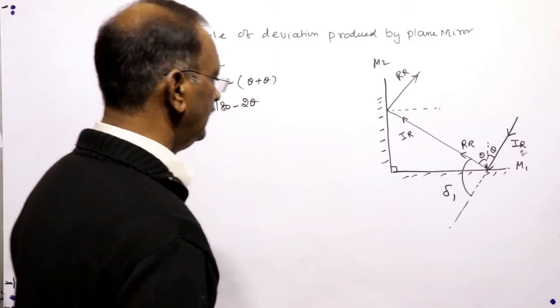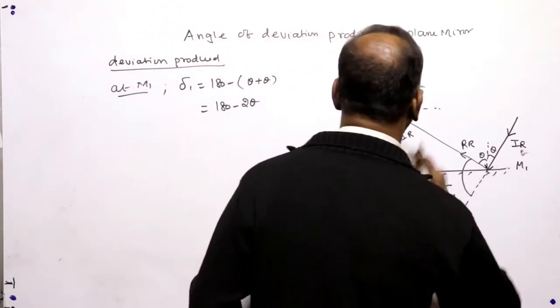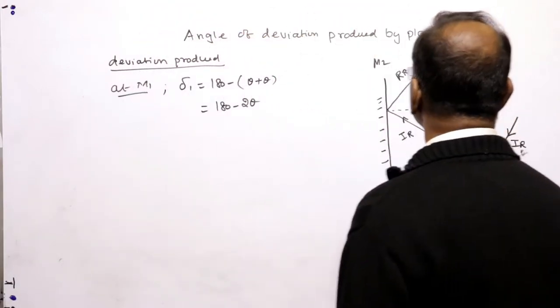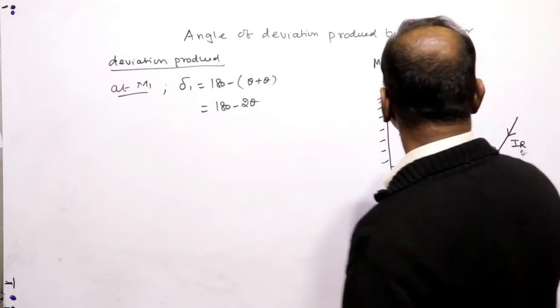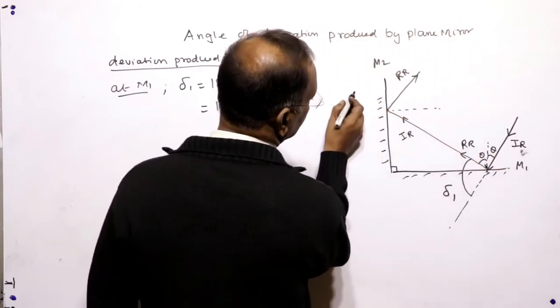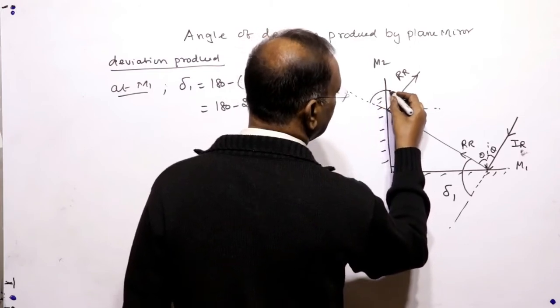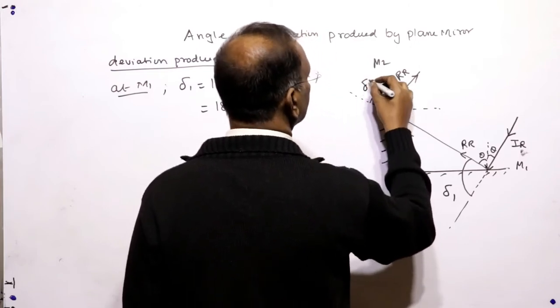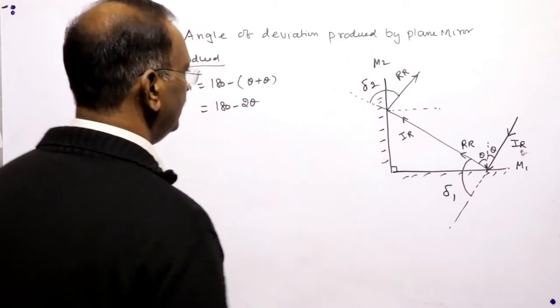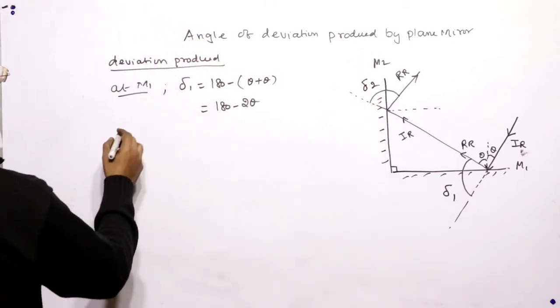This is the angle of deviation produced at mirror 1. Now the angle of deviation produced at mirror 2: extending the incident ray, the angle between it and the reflected ray is the angle of deviation at mirror 2.